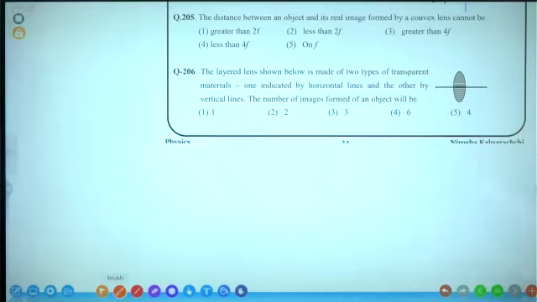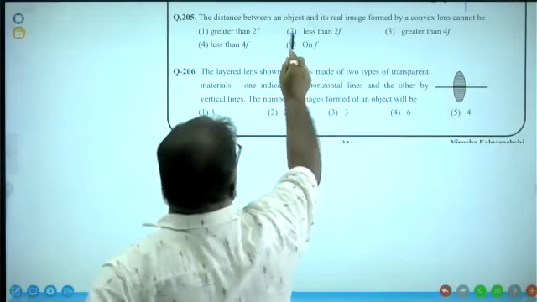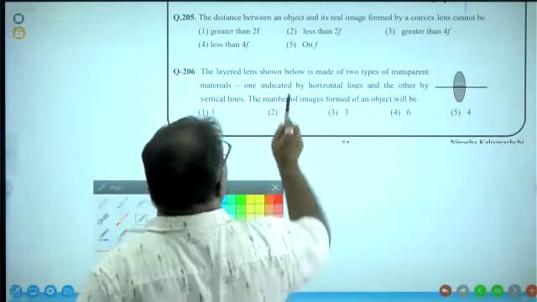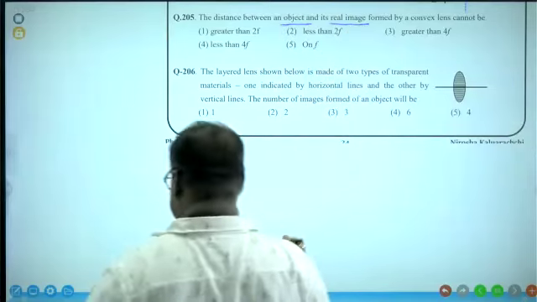205. The distance between an object and the real image formed by the convex lens cannot be. Let's see. Distance between object and the real image, like this, no?